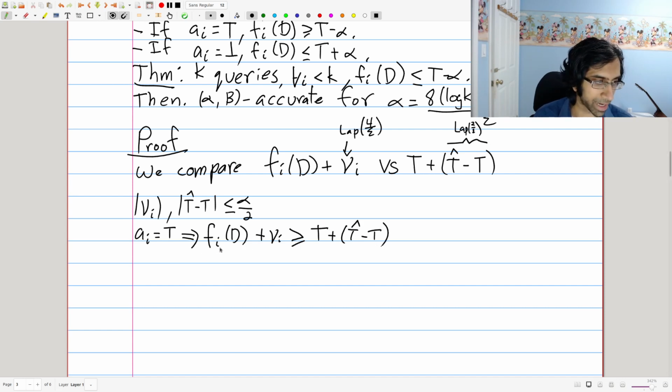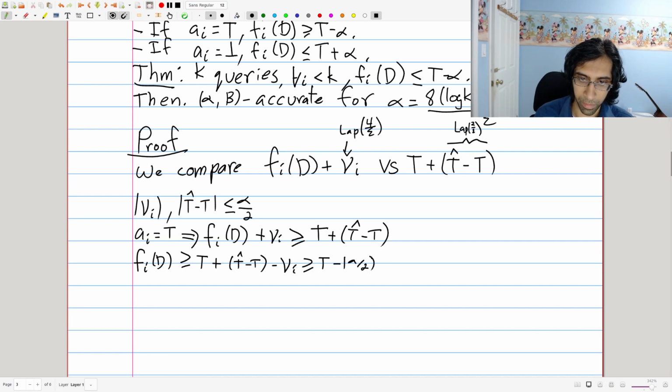This is the guarantee we would have if it output top. Rearranging, it implies that f_i on D is greater than or equal to T, moving this over to the other side, minus alpha over 2, minus alpha over 2, which is greater than or equal to T minus alpha.